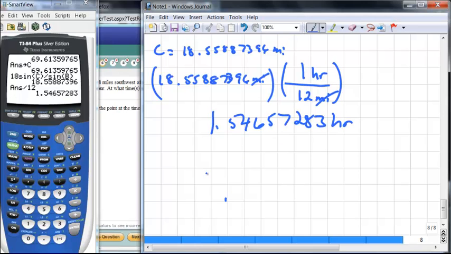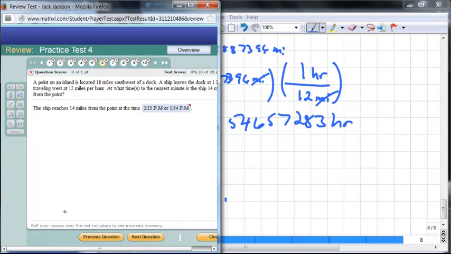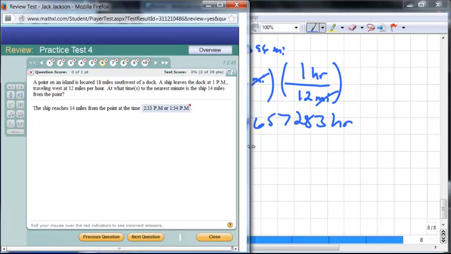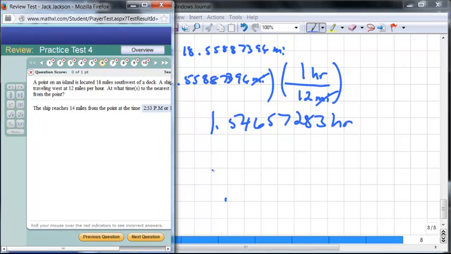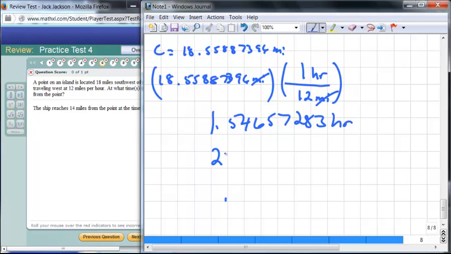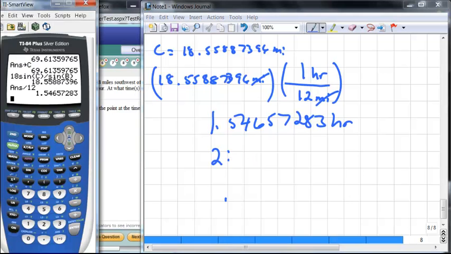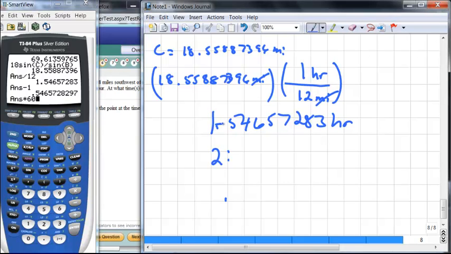That's 1.5465723 hours. And he started at 1 p.m., so it's almost 3 o'clock, so 2 something p.m. So we need to take the 0.54 or whatever, so subtract off the 1, take the 0.54 and multiply that by 60 minutes per 1 hour.